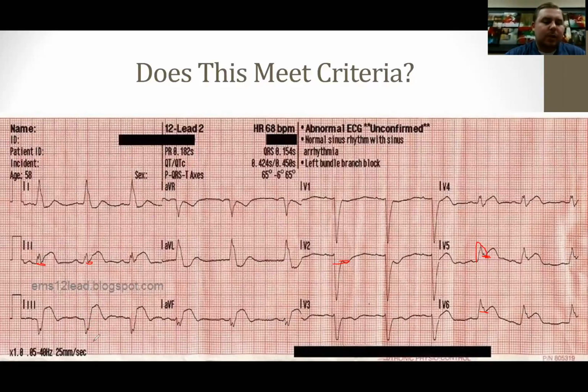And then the discordant changes: this is 6 millimeters, my elevation is 5 millimeters. 5 divided by 6 is well over 25%. So this meets all 3 criteria: criteria 1, criteria 2, and criteria 3.